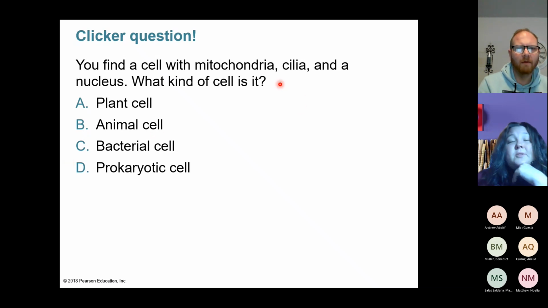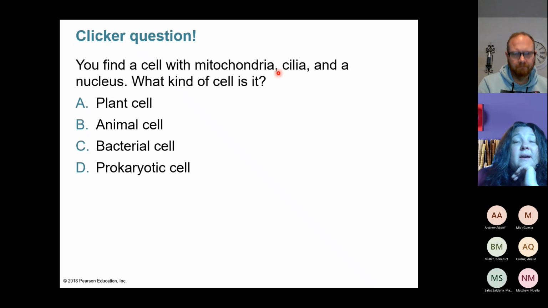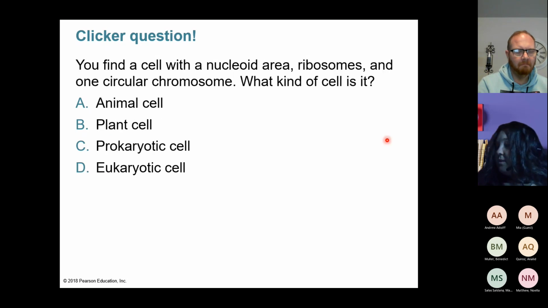We can tell that it's an animal cell because it has mitochondria, so we know that it is eukaryotic. That rules out answer D, prokaryotic. It has cilia, and we know that plant cells do not have cilia, so it's got to be an animal cell. Bacterial cells are prokaryotic cells, so C and D are both not possible answers.